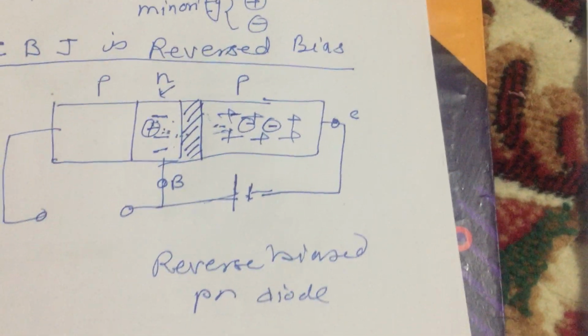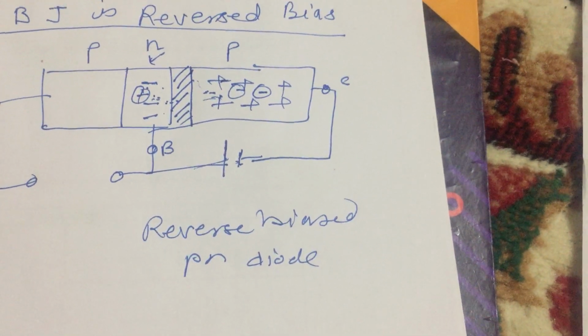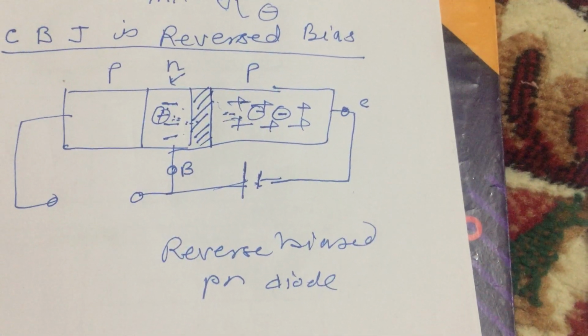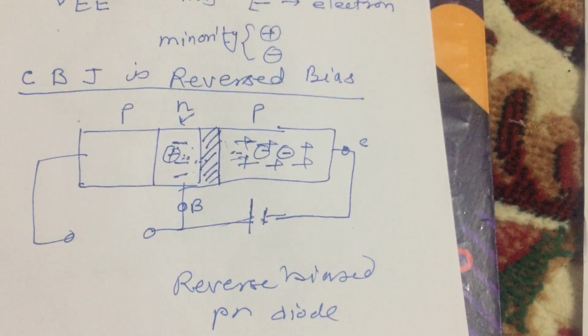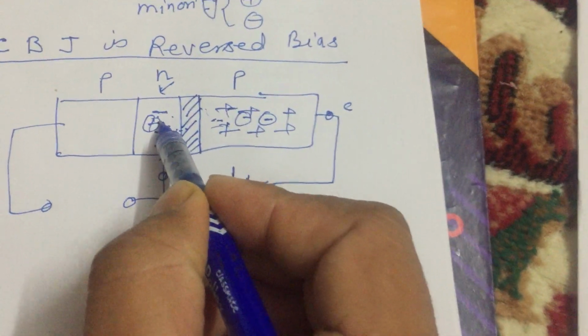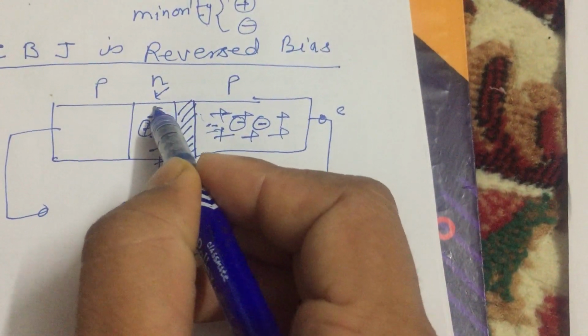We studied before the operation of the diode. When the diode is reverse bias, no majority carrier will be able to cross the junction, but only minority carriers will be able to cross the junction. So now this hole, which is a minority carrier in N, will cross the junction. Then a current will flow.